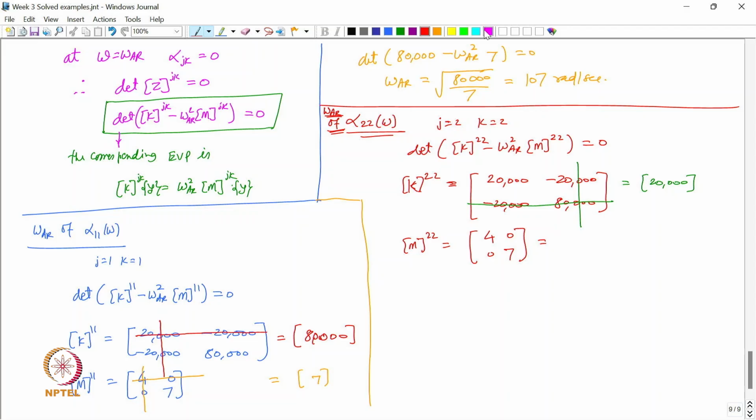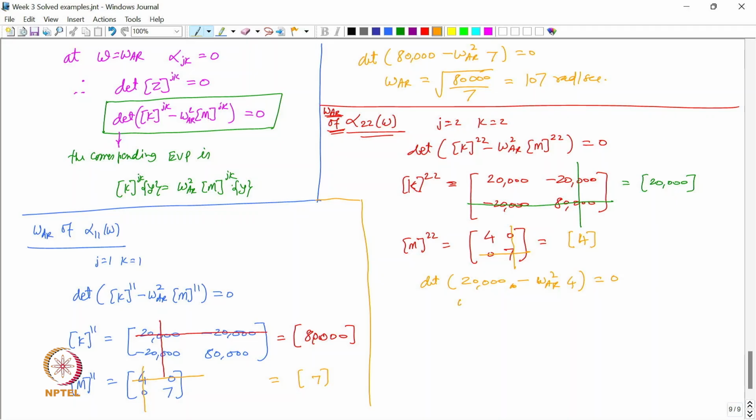So, now if I strike off the second row and second column, then I get 4, correct, and therefore the expression I would get would be determinant of 20,000 minus omega AR square into 4 is equal to 0.